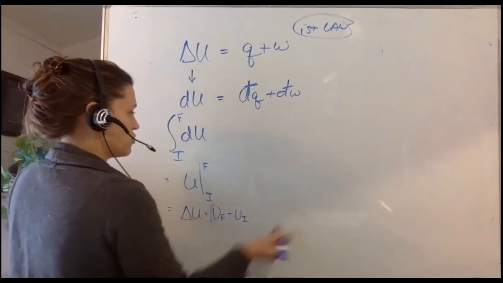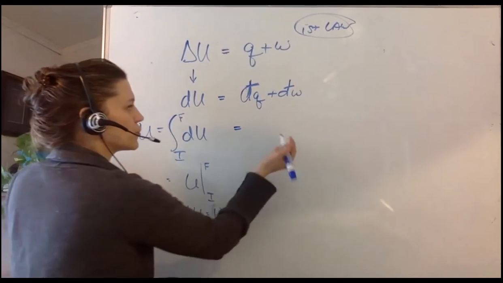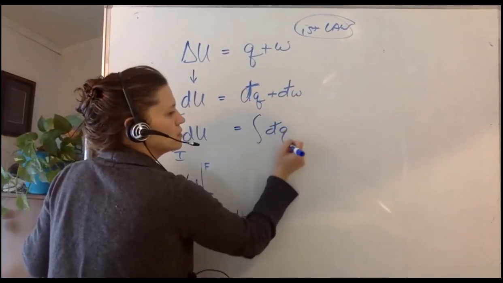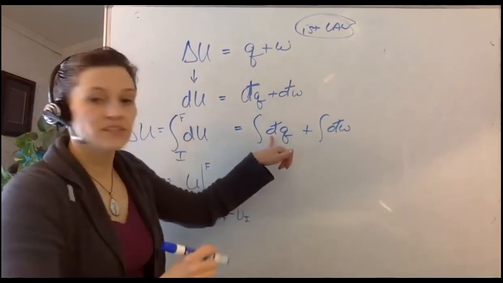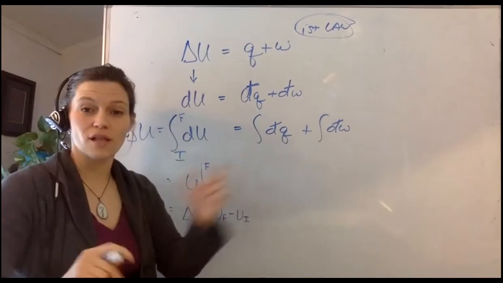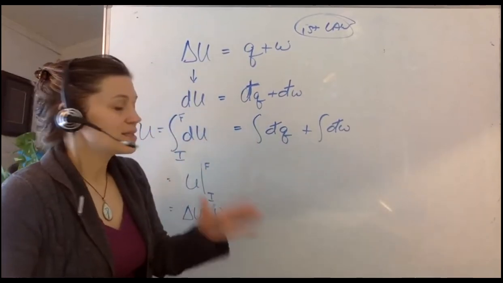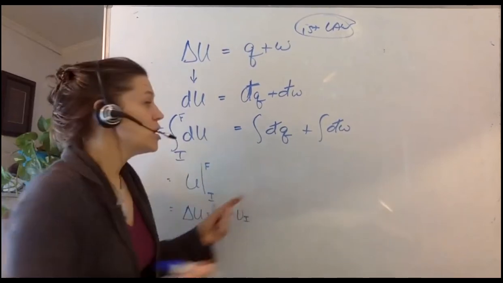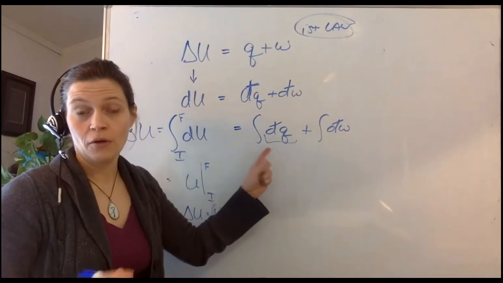So that means delta U is equal to the integral of dq plus the integral of dw. And because these are inexact differentials, this becomes a line integral, which means you're integrating along the path. We're not going to do that. It's not that it can't be done, it can, but you have to know what that function is, and that's what we can't do.